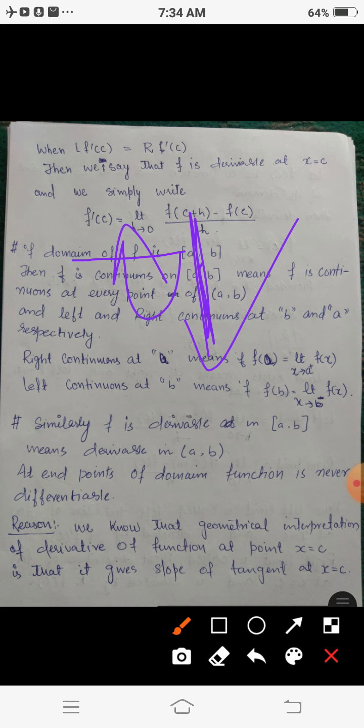So right continuous means the right limit equals the value of the function, and left continuous means the left limit equals the value of the function.